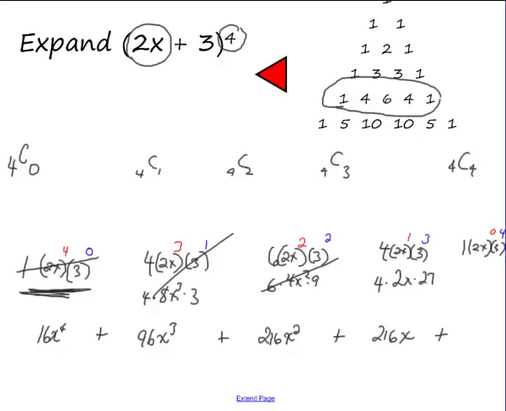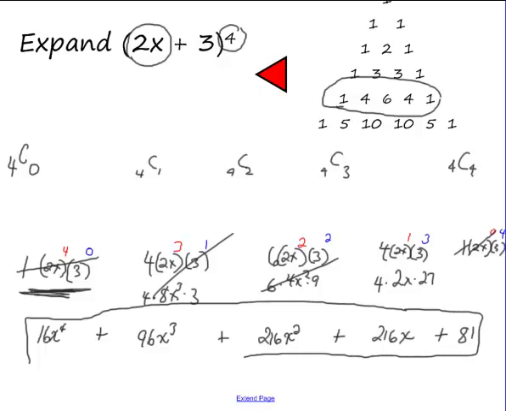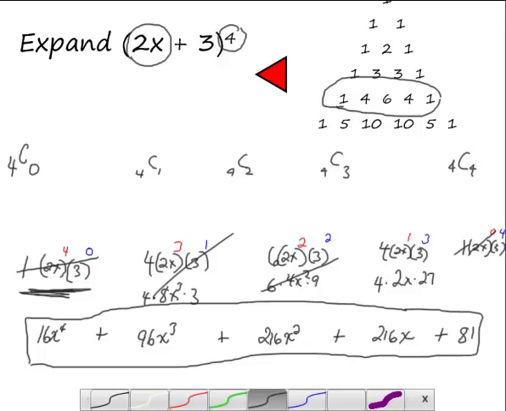Plus, and then my last one, well, this one's not bad. Anything to the 0 power is 1. 3 to the 4th power is 81. So in other words, if I were to expand this out by hand and multiply it all the way out, that's what I would get. Now notice we still have some patterns going on here.